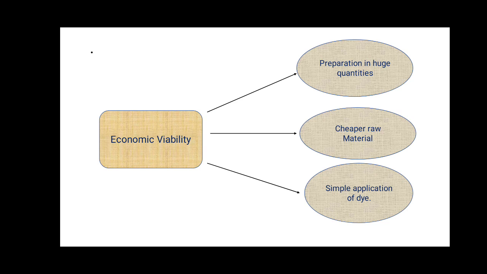Then economic viability: how dyes are economically viable in the market depends on preparation, and cheap raw materials being used. Then simple application means easy to apply or easy to use, without need of high temperature and pressure. It's all about the requirements of an ideal or good dye. Thank you.